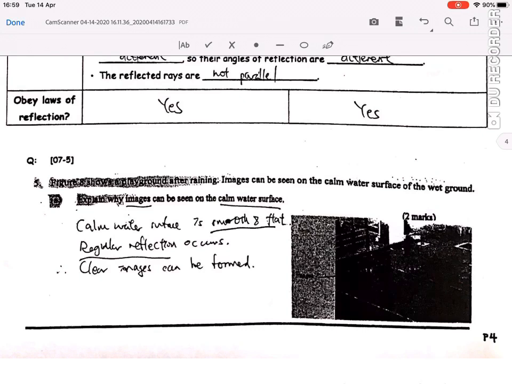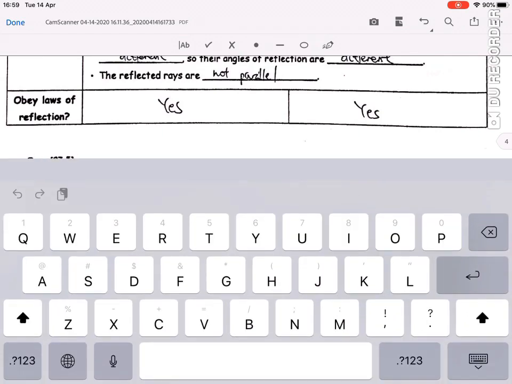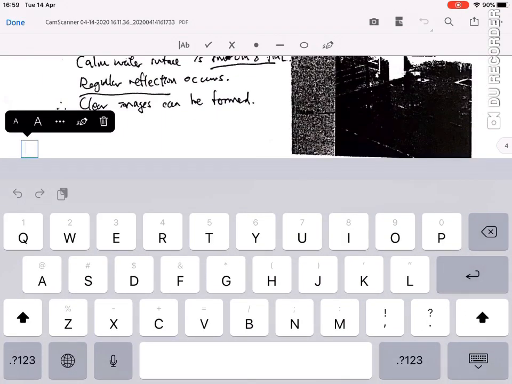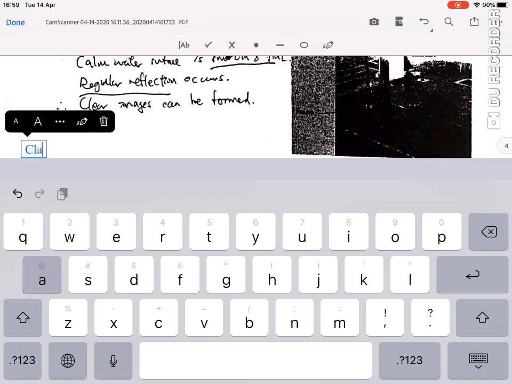Okay, in case you cannot see these wordings, let me just write in here so you can see what it says. Calm water surface is smooth and flat.